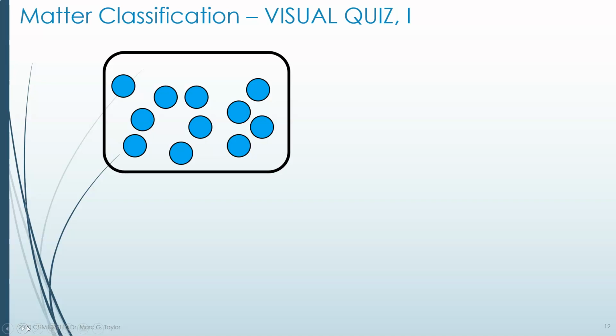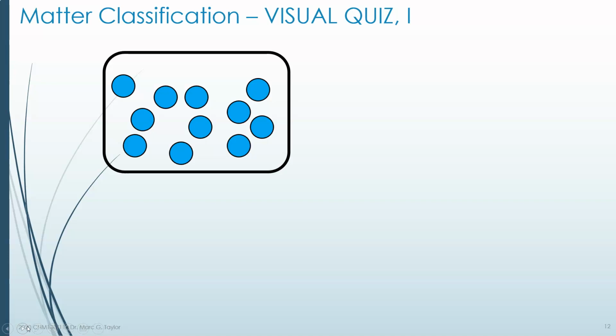You can envision them moving around inside this container. They're one type of atom, and therefore that's one substance. And since it's one substance, it's well mixed, so it's automatically homogeneous. And the next question to ask, the third question, is: is it an element or a compound? Well, it's only composed of one kind of atom, so it's an element.